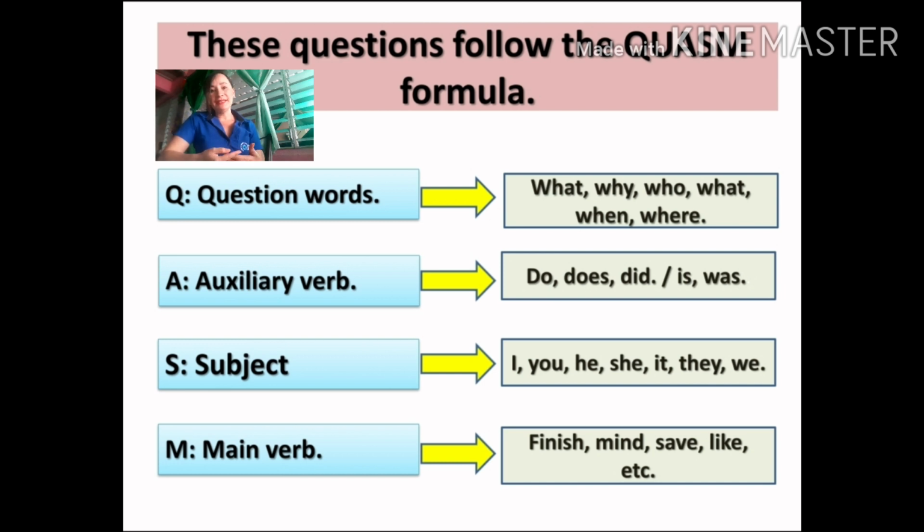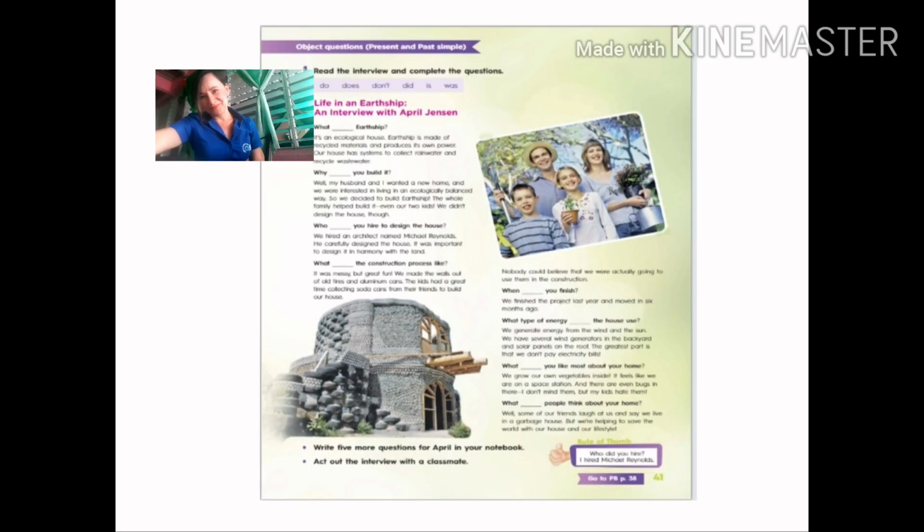Finish, mind, save, like, etc. You can mention more verbs. How many verbs do we have? We have a lot of verbs, and this is the explanation that I have for you so you can understand the content better. Now we are going to continue.